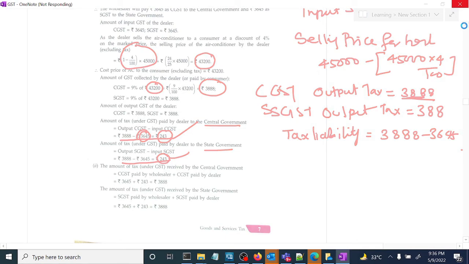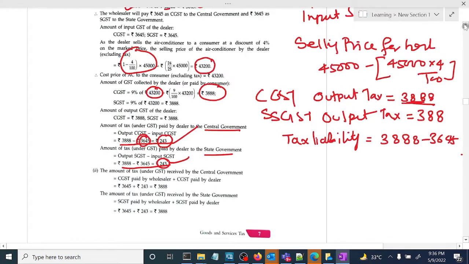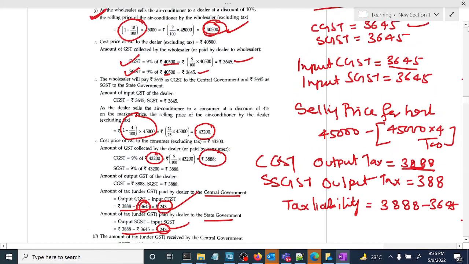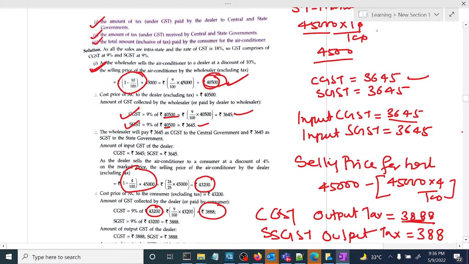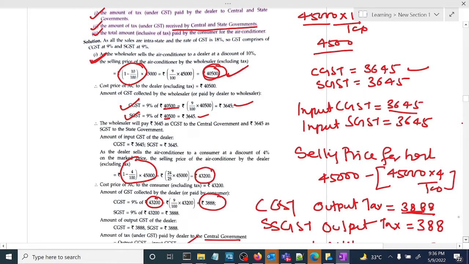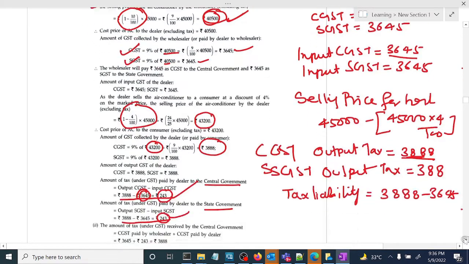Now the second question was the amount received by the central government and state government under GST, the amount of tax. So how much tax is the government receiving? Simple.